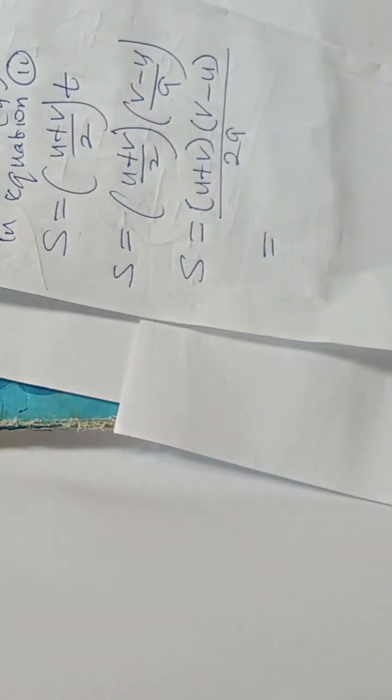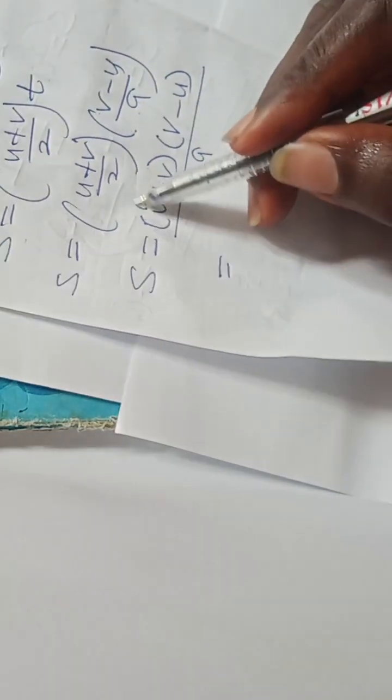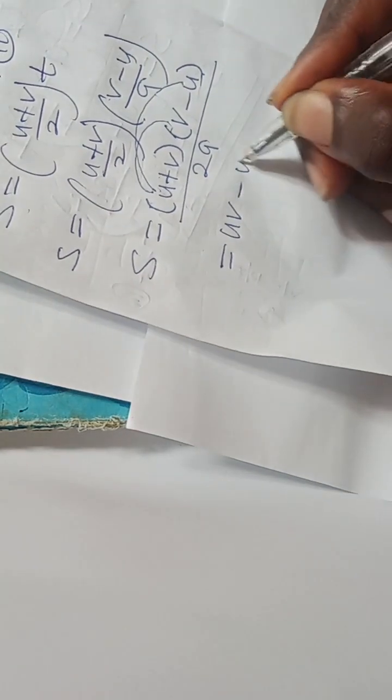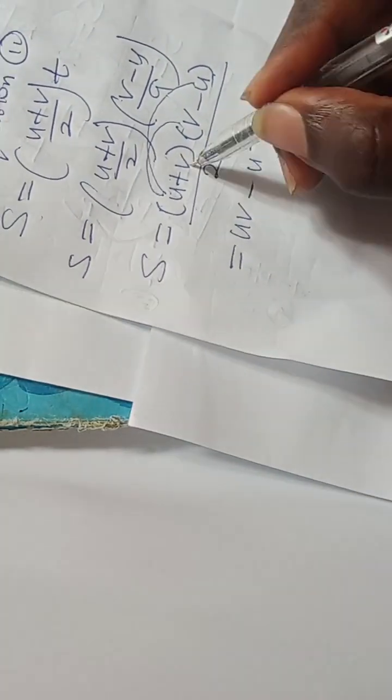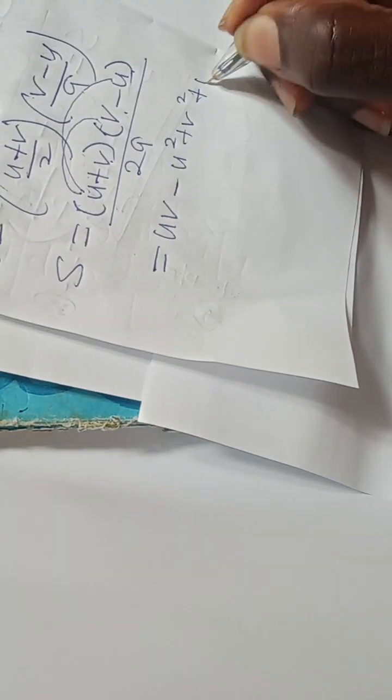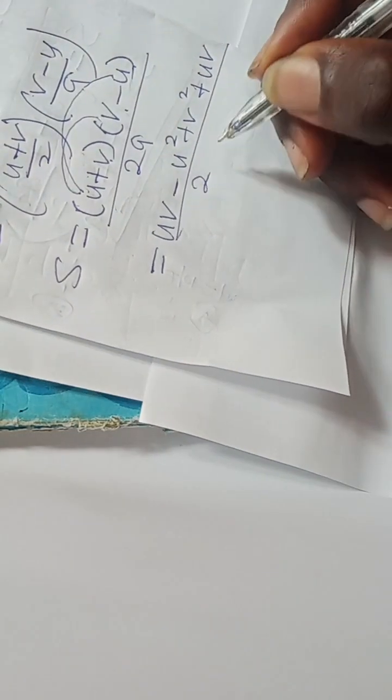Use this to multiply this, then use this to multiply this. So u times v gives uv, u times minus u gives minus u square, v times v gives plus v square, then plus uv, all over 2a.